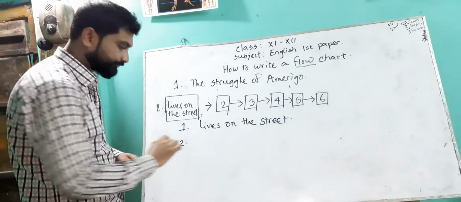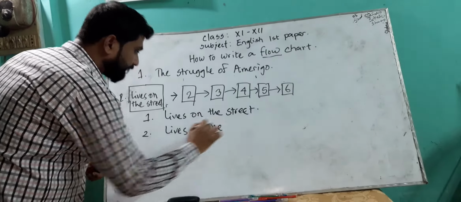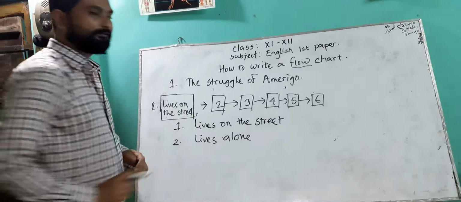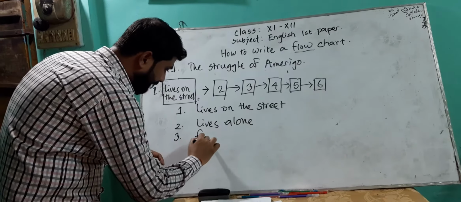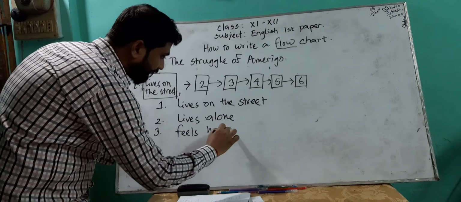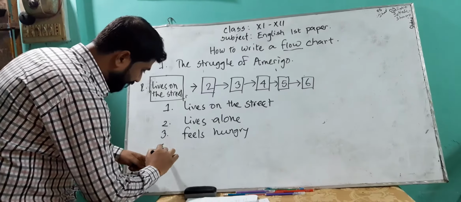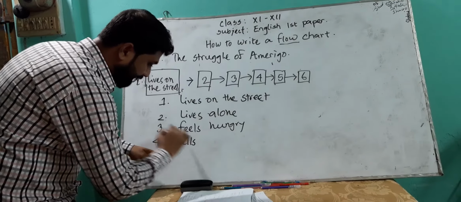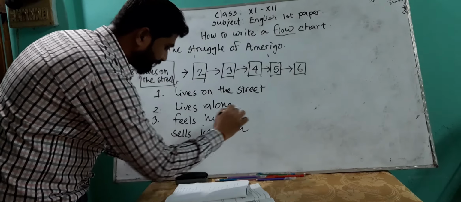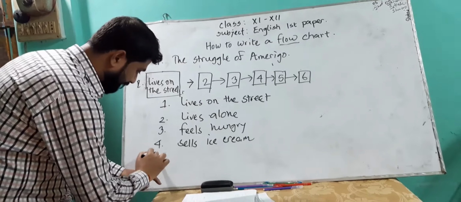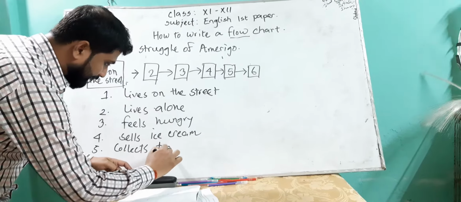Number 2, lives alone. Number 3, feels hungry. Number 4, sells ice cream. Collects trash.